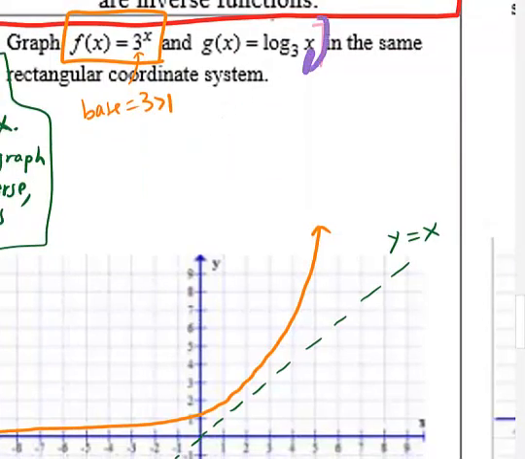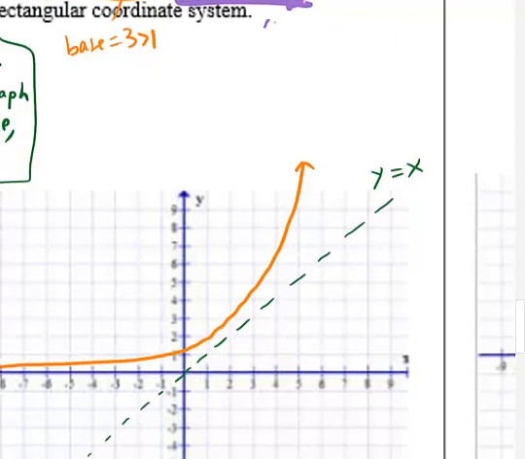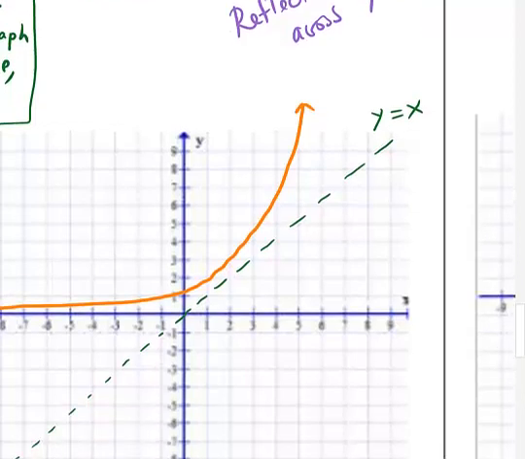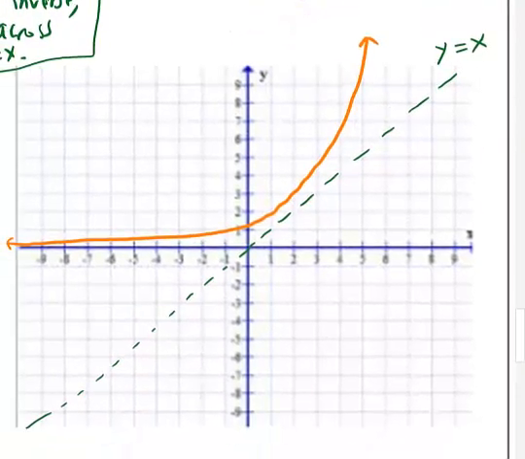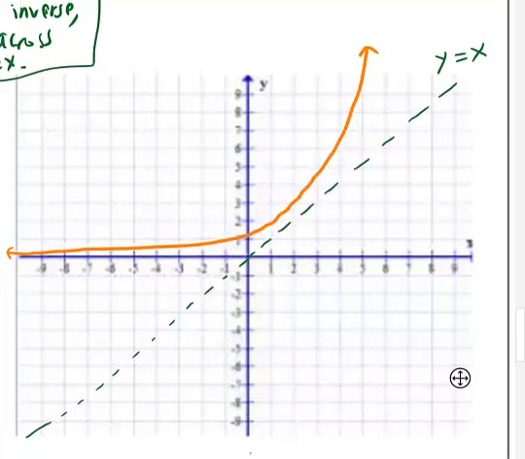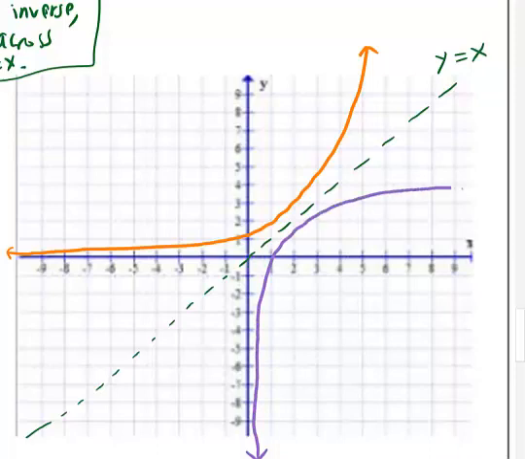Since the base of the log and the base of the exponential are the same, they're inverse functions. I'm just going to reflect the orange across the line y equals x, and that should be my graph. If I reflect this, instead of getting closer to the x-axis in the negative direction, it's going to get closer to the y-axis in the negative direction, and instead of increasing upward, it increases to the right.